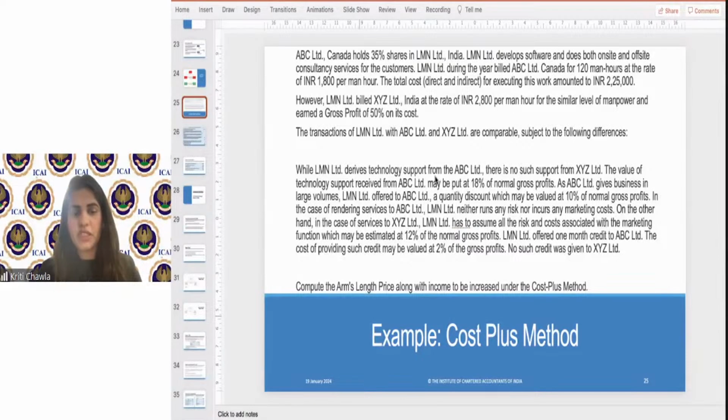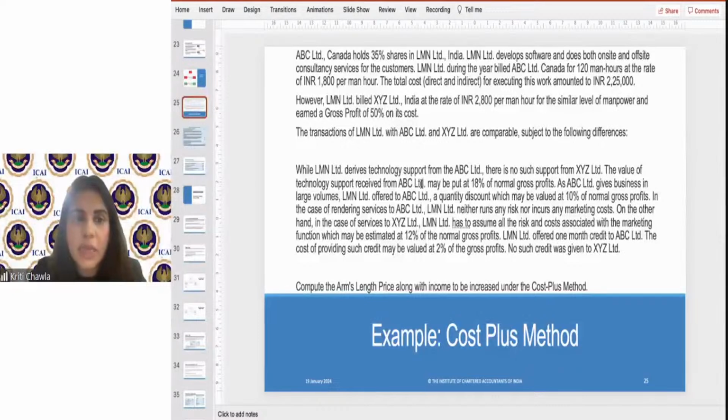Please, can you drop a message if this is clear? Okay, let's take you through this question on how to apply the cost plus method.